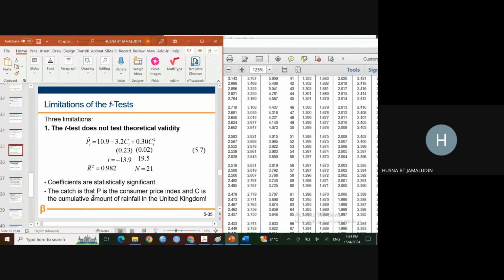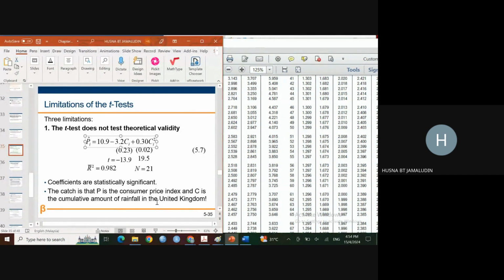The catch is that P is the consumer price index, the dependent variable, but they just put P. And C here is the cumulative amount of rainfall in the UK. So do you think that rainfall will have an impact on the CPI? It has no impact, right?